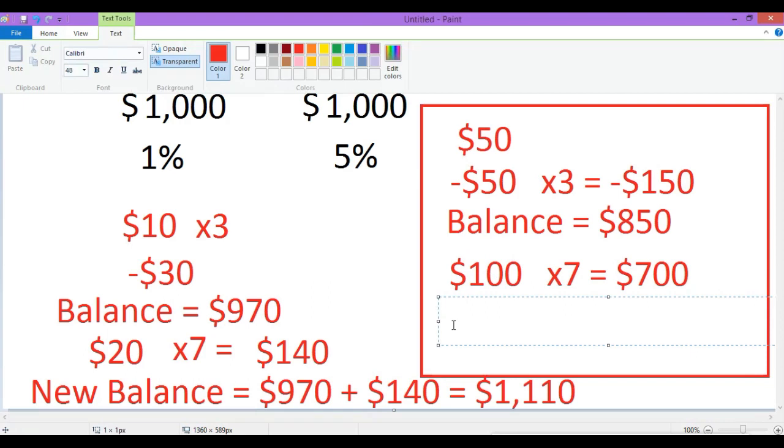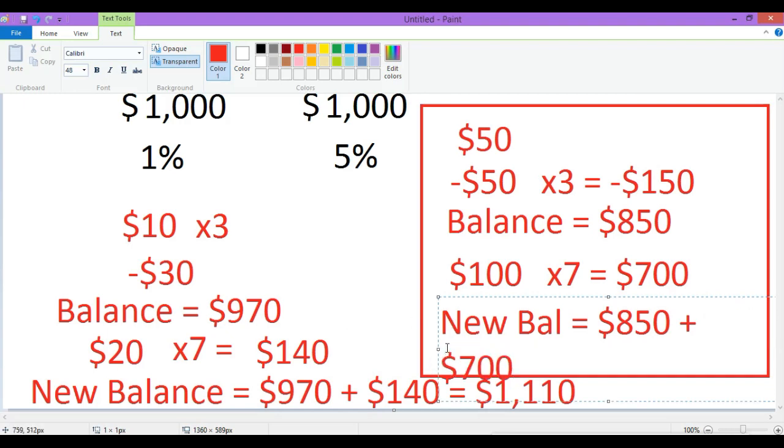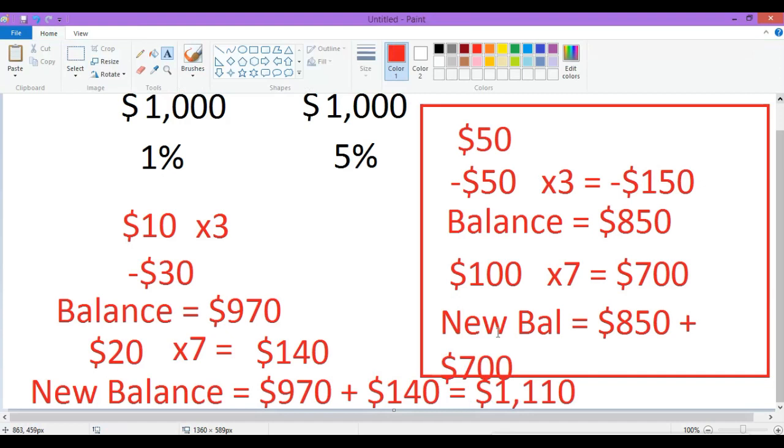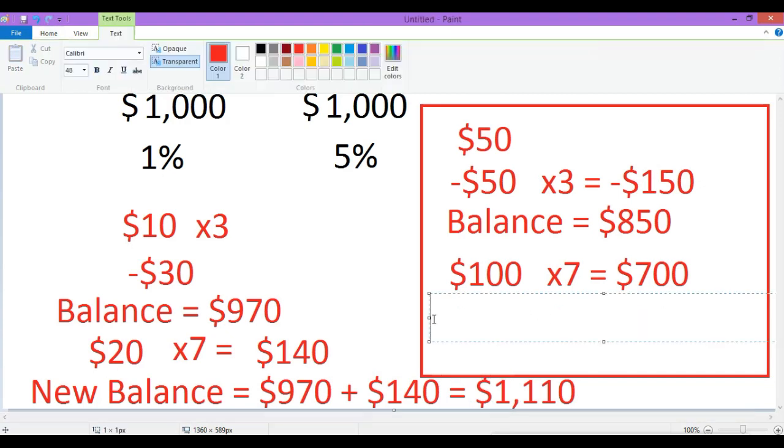New balance will now be 700 plus, oh sorry, the old balance was 850. 850 plus 700. Let me do this again, please.